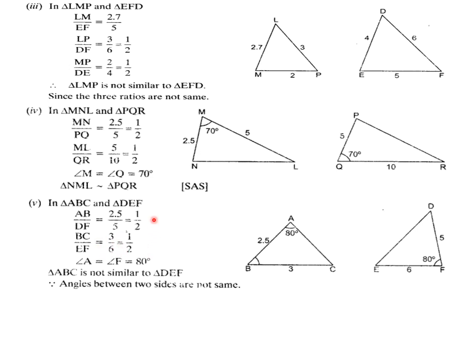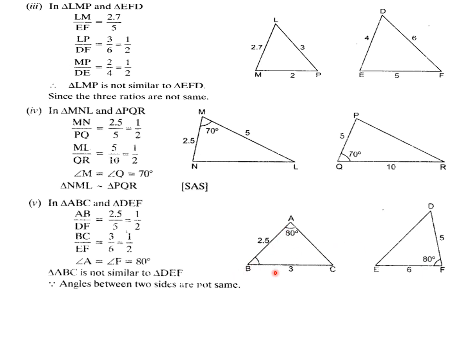So, clearly we can see both of them are of equal ratio. Let's check whether the angle between them are equal or not. We are talking about AB and DF here, and for this triangle BC and EF. So, the angle between AB and BC should be equal to this angle, right?